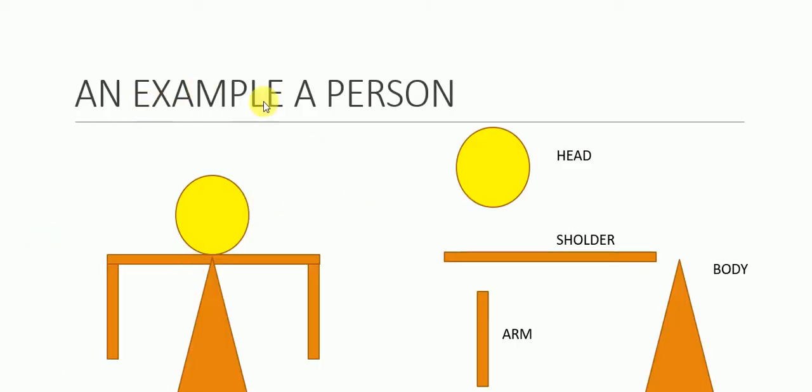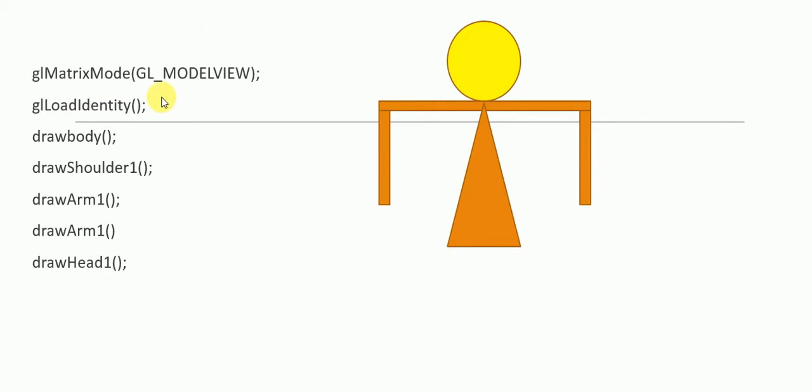Now let us consider a person. There is a head, the shoulder has arms, and there is a body. So you can have this child. You can see that there are different types of child matrix with the parent matrix, and this is a diagram without using a stack matrix. There is an image that is drawn.